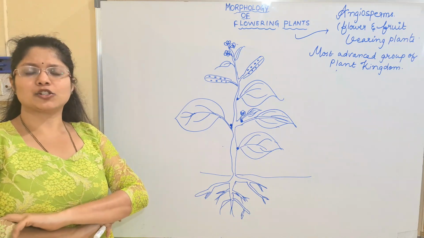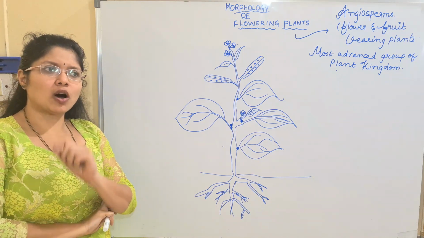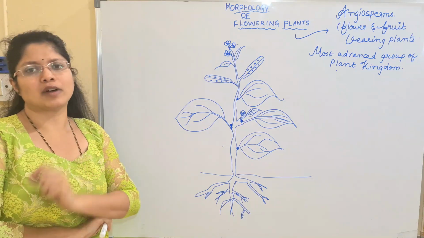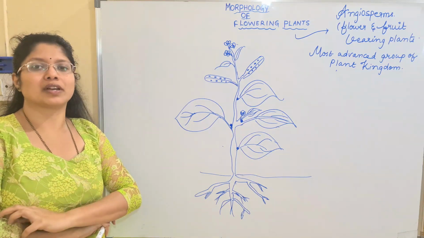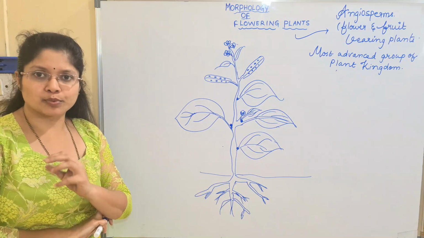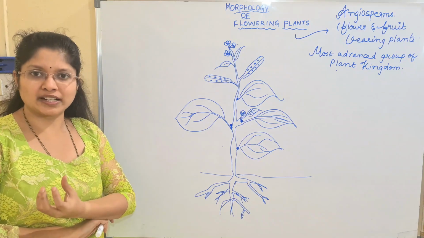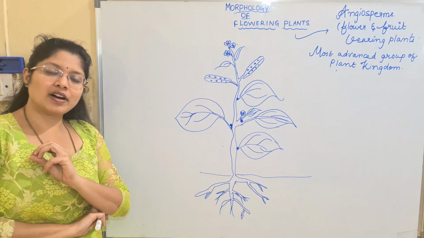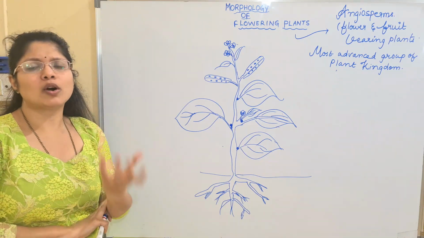If you look at the angiospermic plant body, the majority of its life cycle is spent in the sporophytic phase. We all know there are two phases in the plant groups. One is the sporophytic phase and the other is the gametophytic phase. The sporophytic phase is nothing but the diploid state.